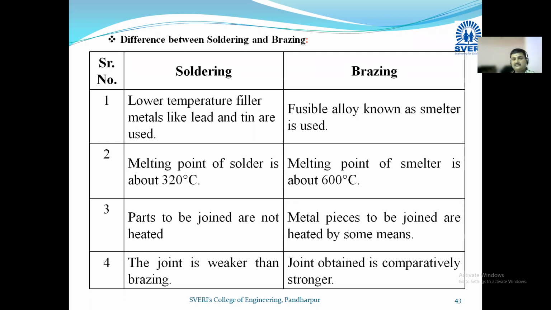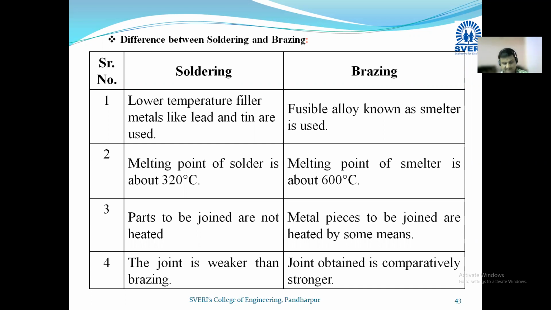On the other hand, there are 4 important points in the brazing section. Fusible alloy known as a smelter is used. Melting point of the smelter is about 600 degrees centigrade. Metal pieces to be joined are heated by some means, and the joint obtained is comparatively stronger.